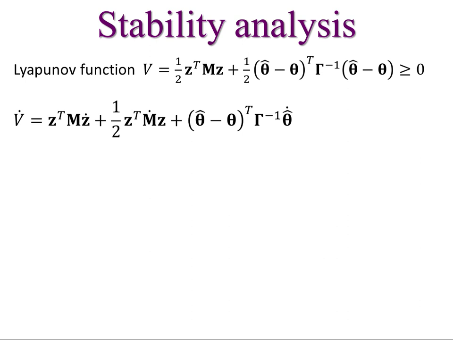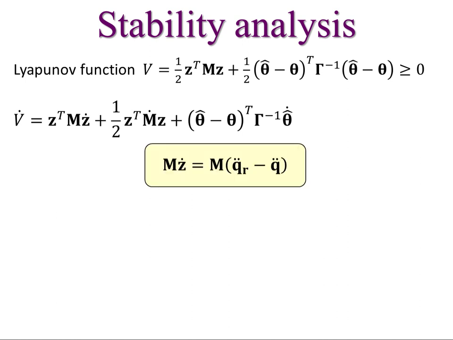Next, we transform the M Z dot using the motion equation with adaptive control. M Z dot can be rewritten by this equation from the definition of Z. Substitute the robot dynamics with adaptive control into the M Z dot in this equation.